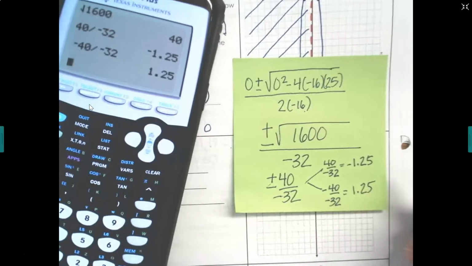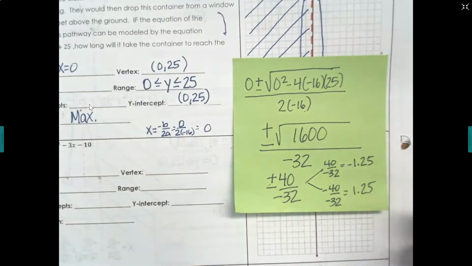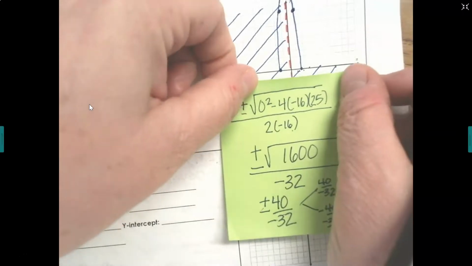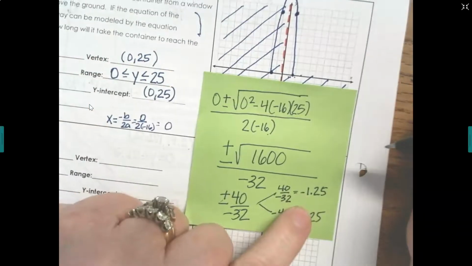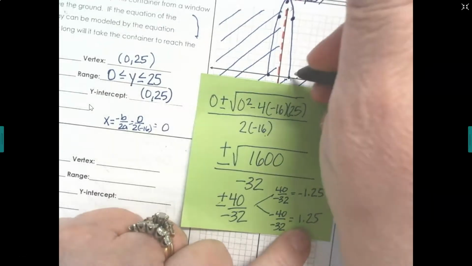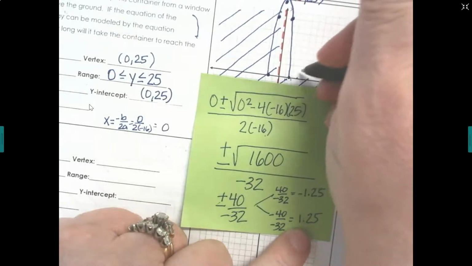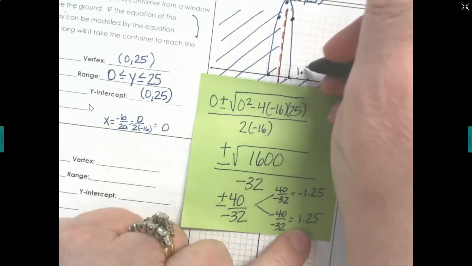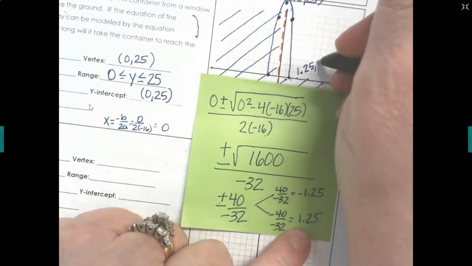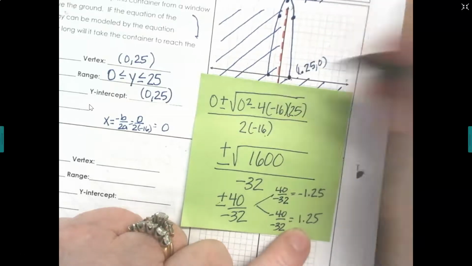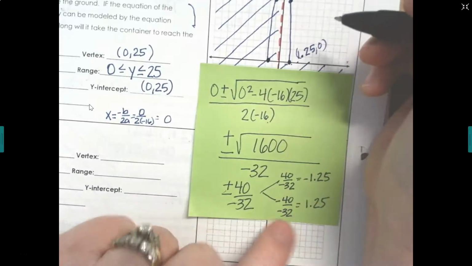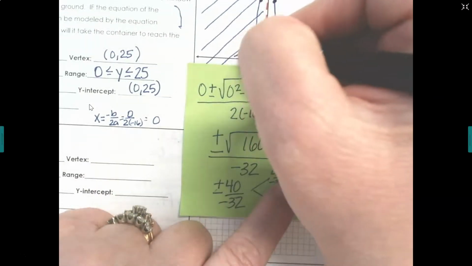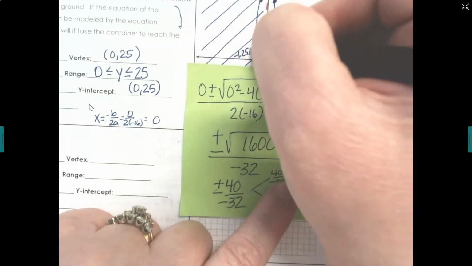So what it's saying is we did this whole quadratic formula. I'll move it down a little bit so we can see. I have a negative 1.25 and a positive 1.25. So this is on the positive side because it's a positive x. This point is called 1.25, 0. That's the name of the point where this crosses the x-axis. And where this graph crosses the x-axis on the other side is at negative 1.25, 0.